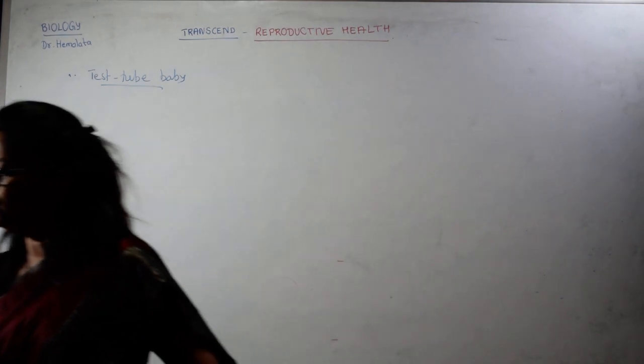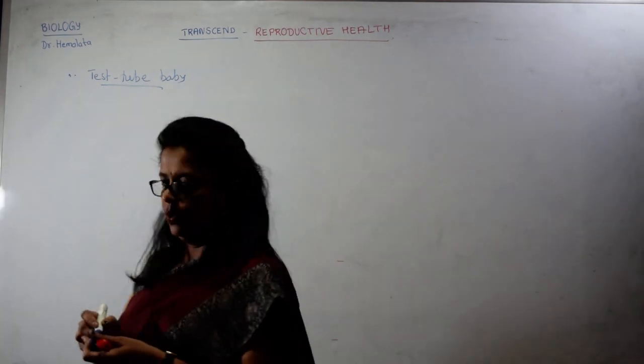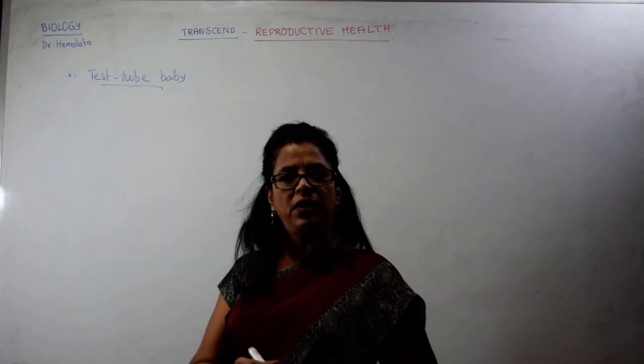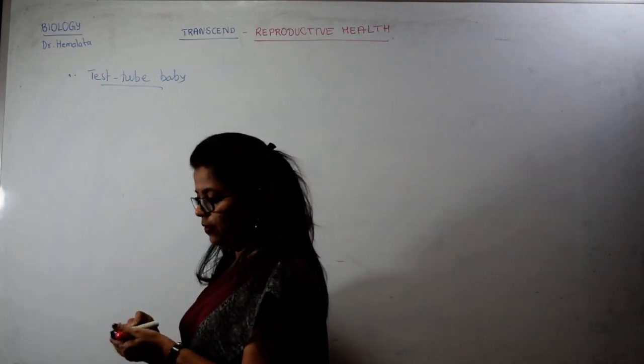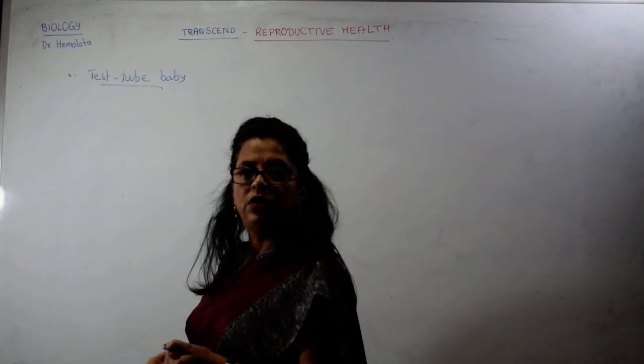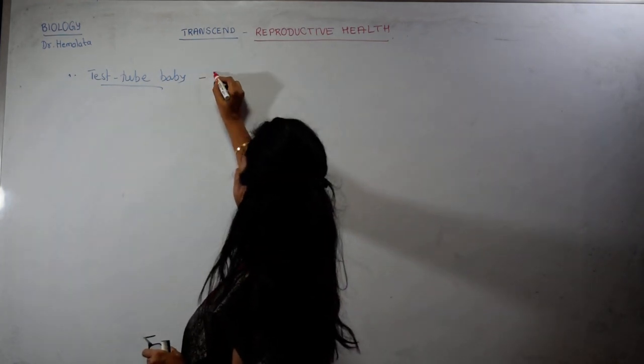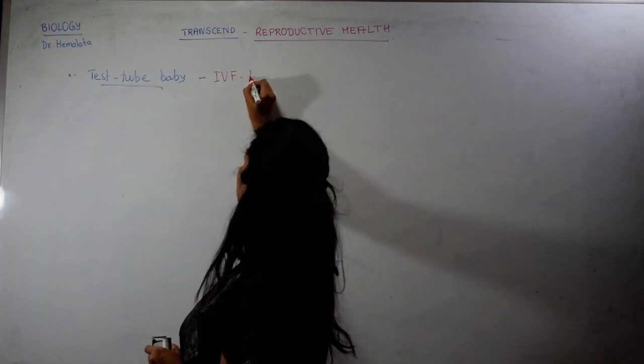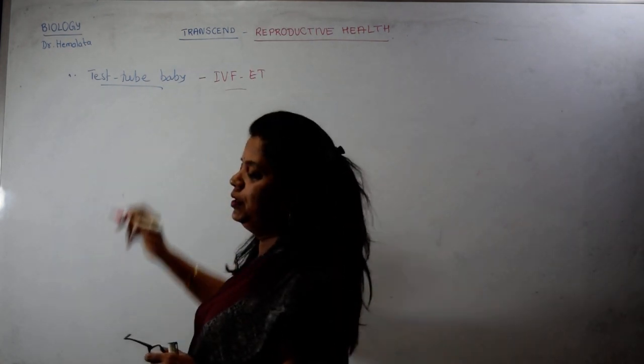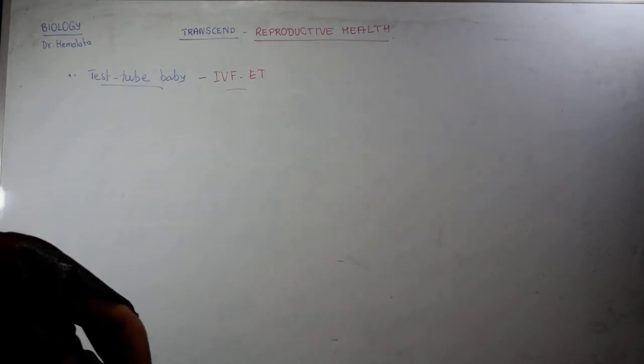Okay, this I will give you a little bit in detail. Whenever we say test tube baby, this is done through in vitro fertilization and embryo transfer. This is the long form of test tube baby. Remember this.